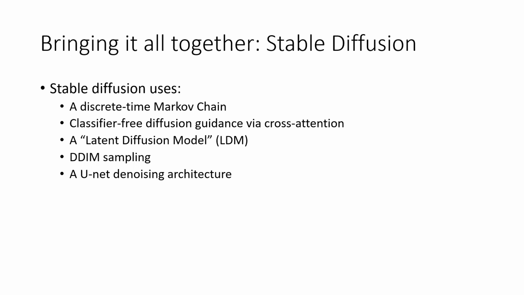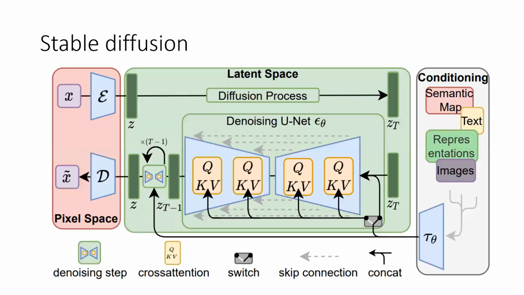We are using classifier-free diffusion guidance, and we're doing that via a cross-attention mechanism, which we will explain. We're going to use a latent diffusion model for computational efficiency, DDIM sampling for efficient sampling, and then a UNet denoising architecture. So this is quite a bit, but hopefully we can break it down.